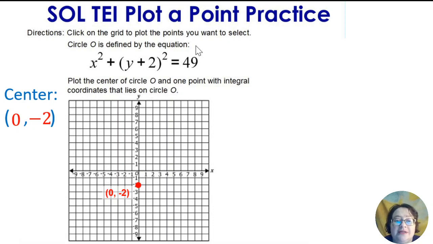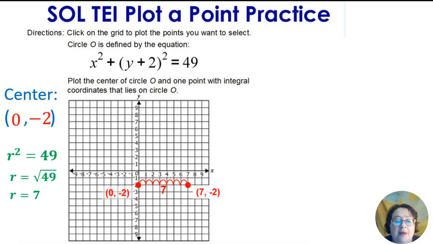The way we can do this is figure out what this radius is and count out from the center. So here, I know my radius squared is 49. To undo it, I take the square root of 49, which is 7. So from my center point, I can count in any direction. I can go up, I can go down, I can go left, I can go right. It does not matter. So I'm going to count out 7. 1, 2, 3, 4, 5, 6, 7.